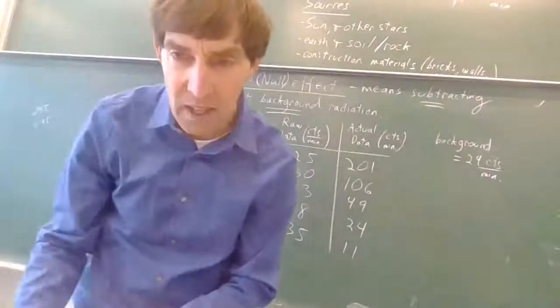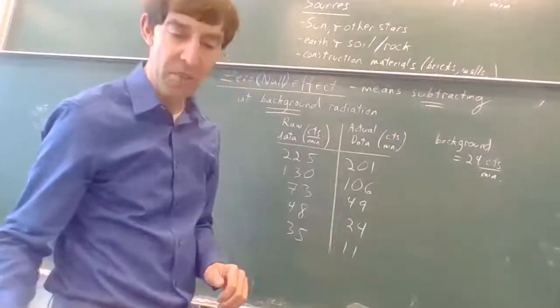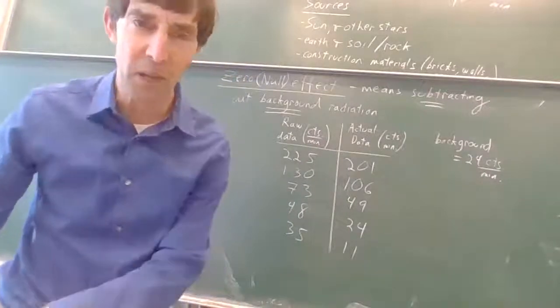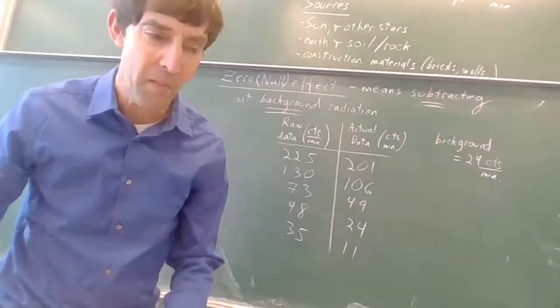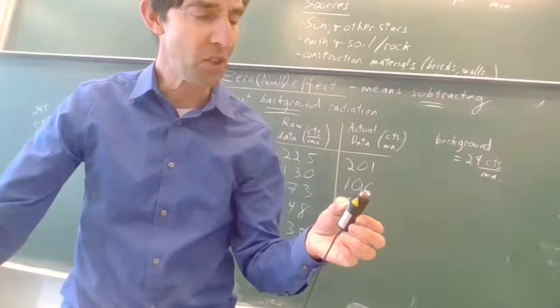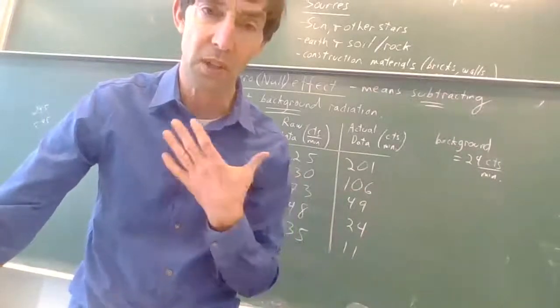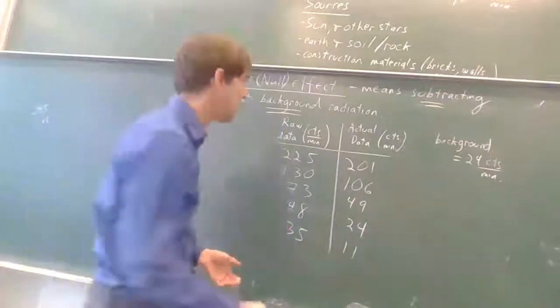I still have a little time before I have to leave, so I'm going to do something else with you as well. I want to talk about alpha, beta, and gamma and how they can be blocked. How could I make it so the radiation doesn't go into a Geiger counter or doesn't go into you? Let's find out.